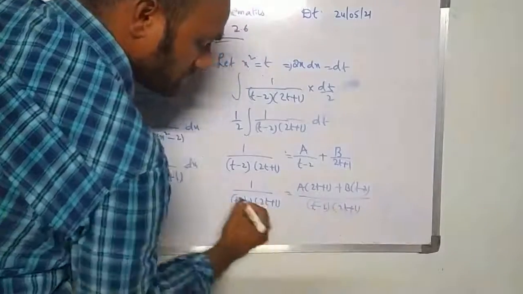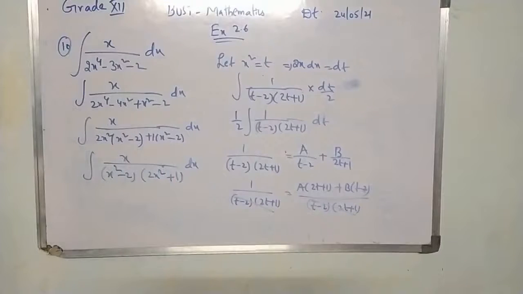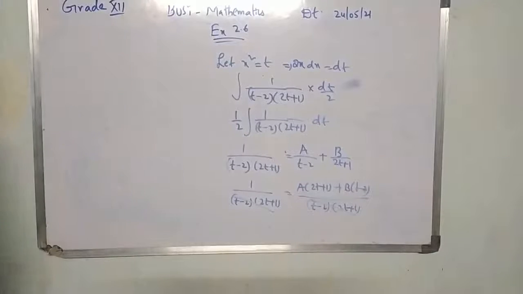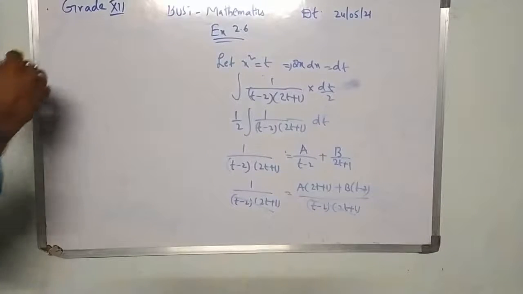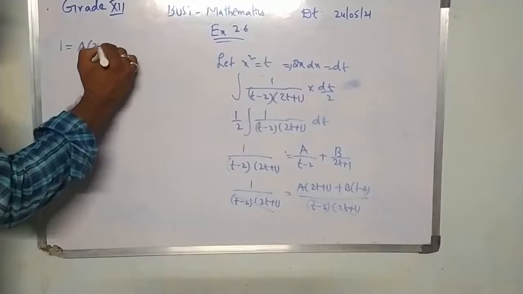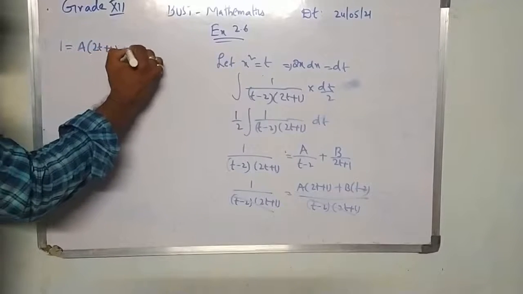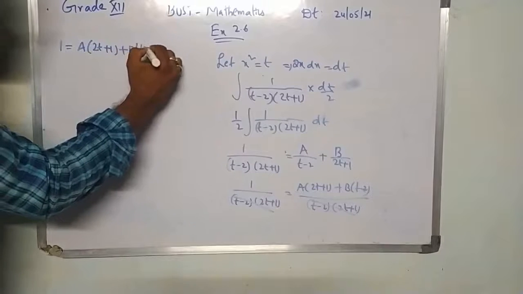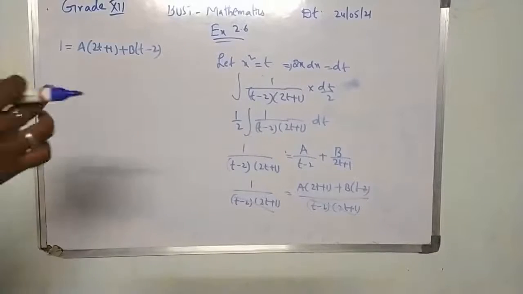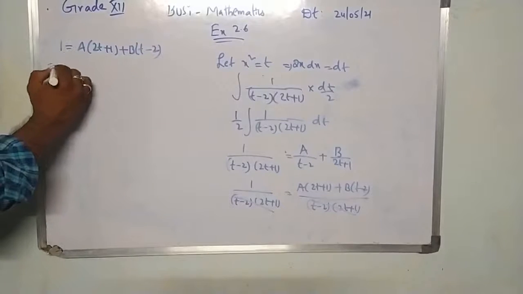So the denominators get cancelled. So 1 is equal to a into 2t plus 1 plus b into t minus 2.